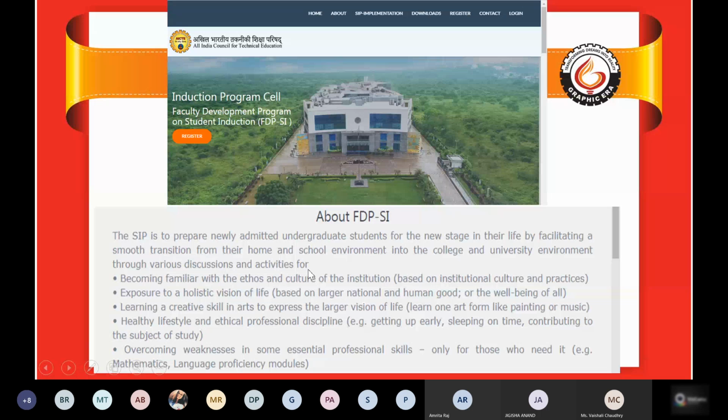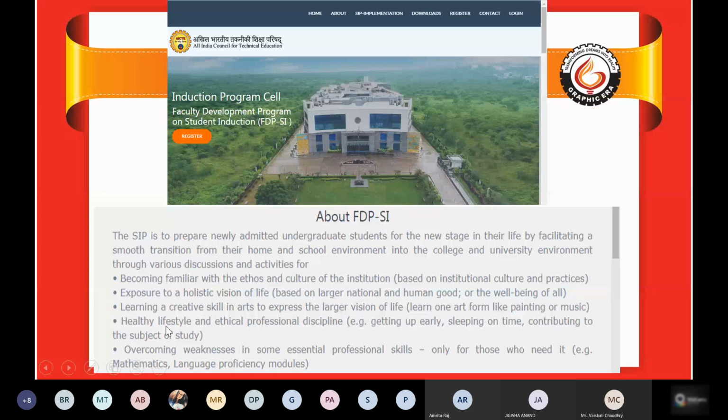This is all about the induction program, where you are getting acquainted with different activities, different programs, different facilities in the university, and this is how you are exposed to the ethos and culture of the institution, holistic development in life, and you are able to understand, learn, and then express your skills as per your potential.